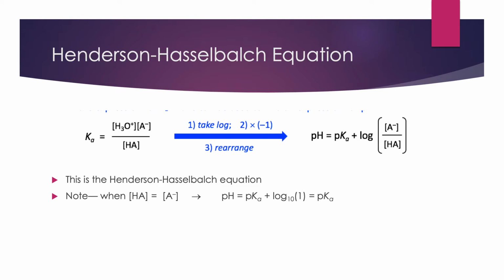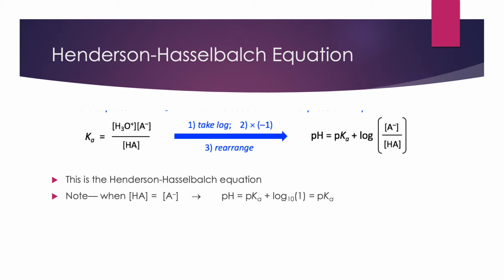Essentially it comes from starting with the expression for the weak acid dissociation, which is given on the left-hand side. Ka is equal to the hydronium ion concentration times the A- concentration divided by the undissociated weak acid concentration. Now, if we take the logarithm of both sides, we get something like the pKa if we then multiply by a minus sign, and that's step 2.